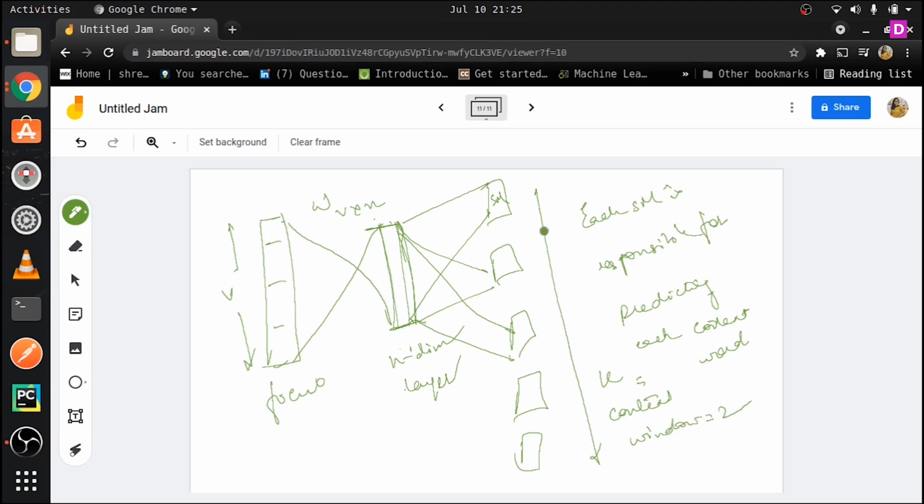In this case, it is 2. So these are the number of context words that you are going to use. Each softmax layer is now responsible for giving out a context word.